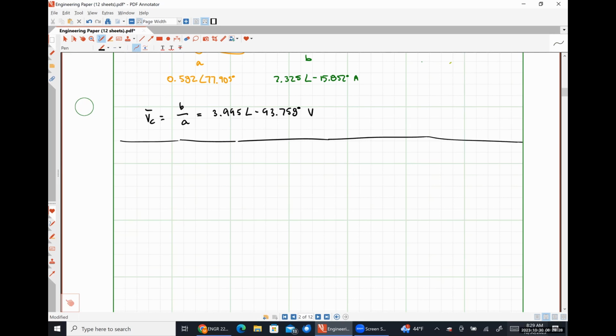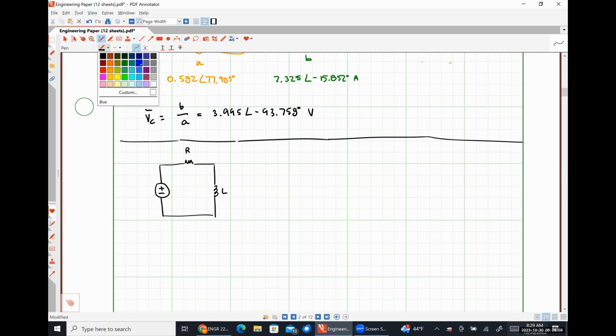So let's say that we had a very simple circuit where we had a resistor and, just to make this very easy, an inductor, right? So this would be R and this would be L.